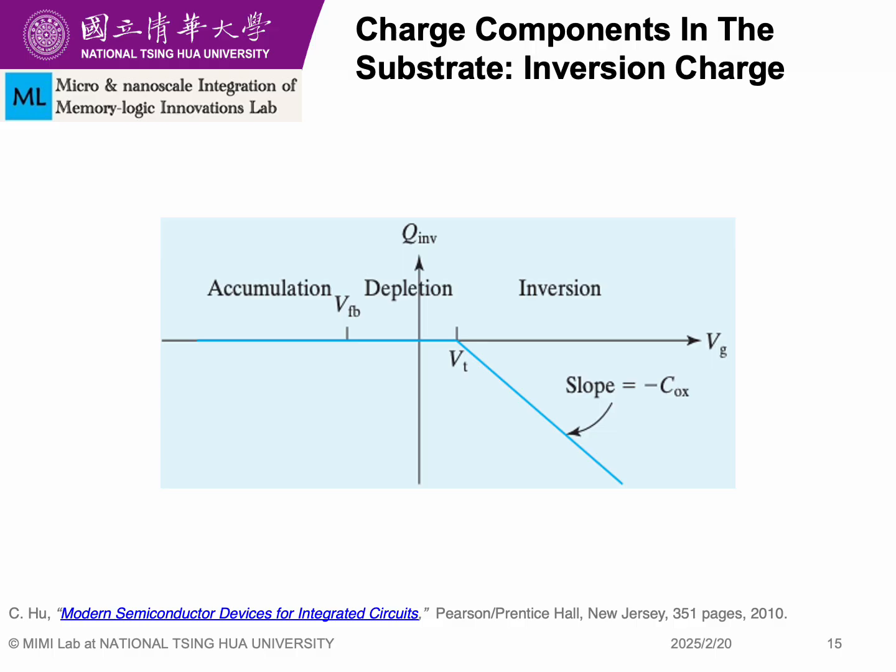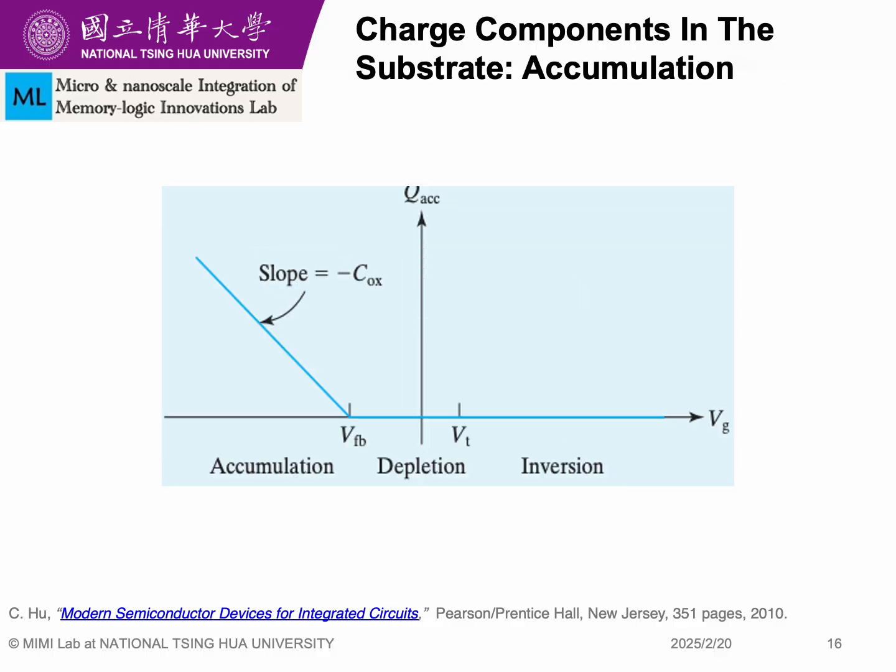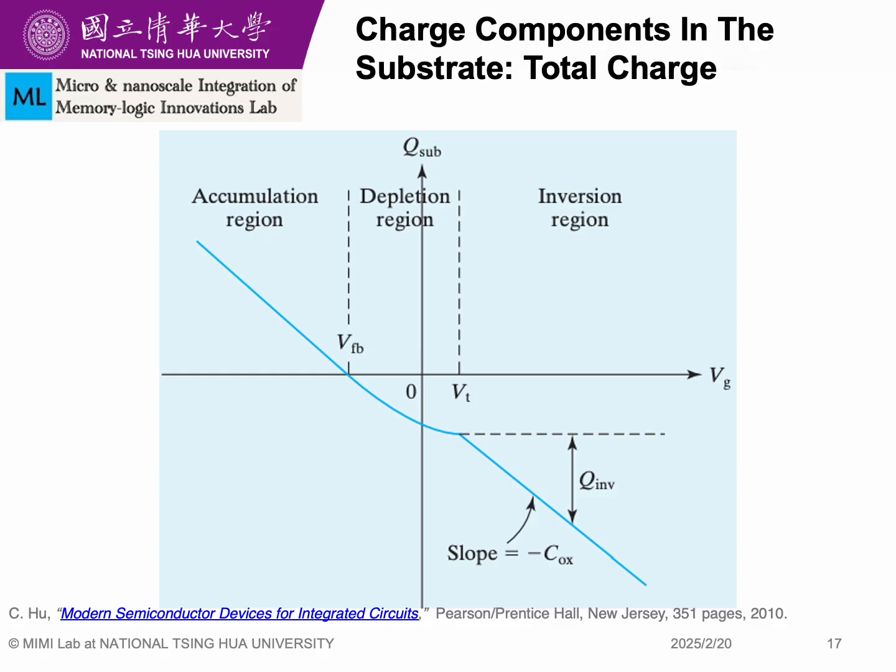As we saw, in the inversion region our MOS capacitor works as a parallel plate capacitor having an offset of Vt, and the other one is the accumulation charge. When all three are added together, this is the complete charge profile of this MOS capacitor. Once we have this charge profile, we will be focusing on the MOS CV characteristics from our next class.